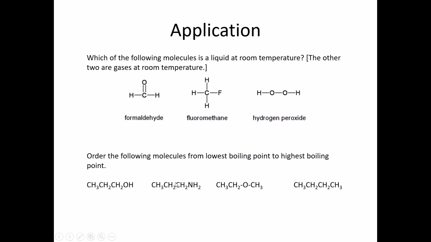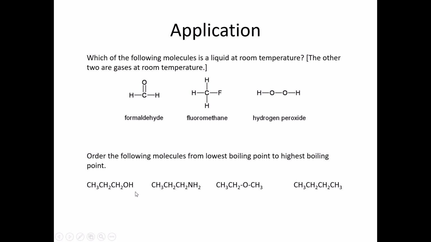So how do we determine which of these would have the higher boiling point? Remember, we want to focus on the strength of the hydrogen bonding. OH is going to have a stronger hydrogen bond than NH because we have a greater electronegativity difference between oxygen and hydrogen compared to nitrogen and hydrogen.